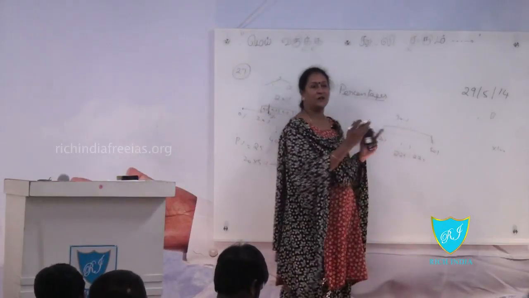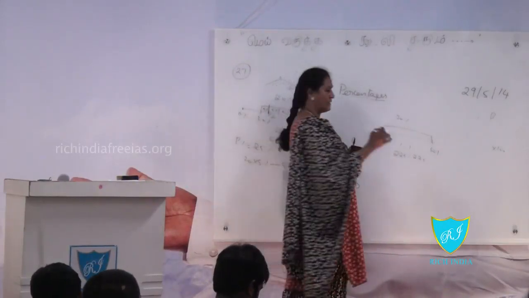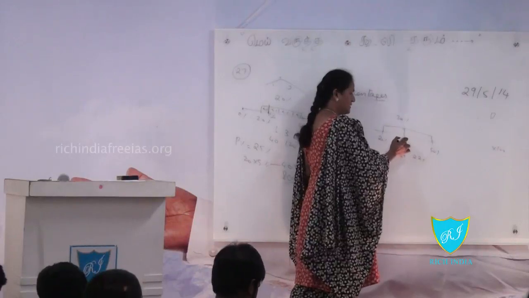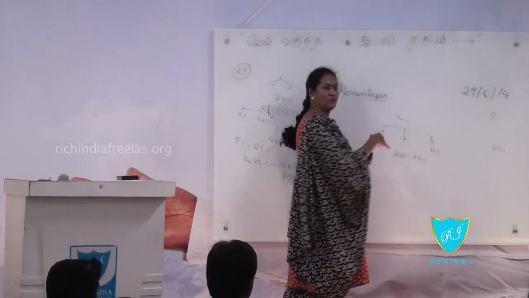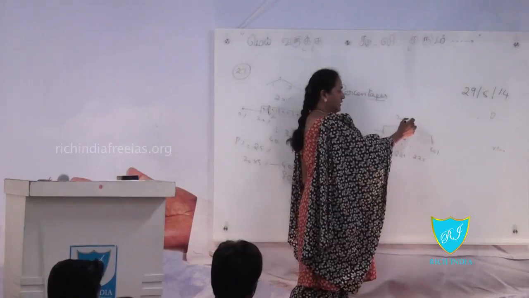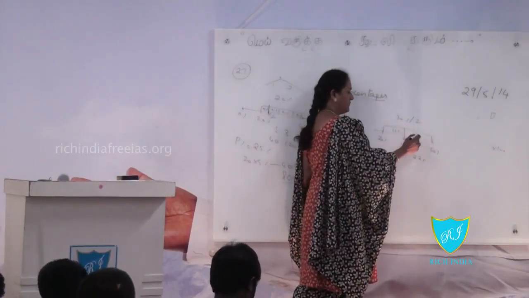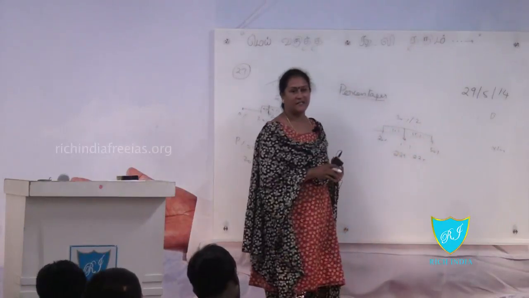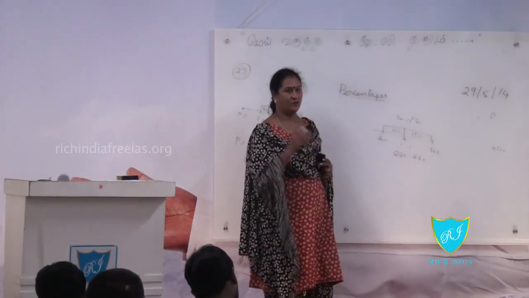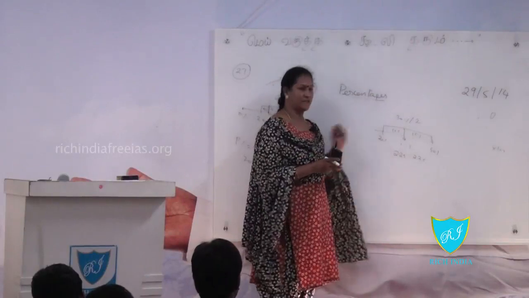How many parts do you have to divide into? 2 parts. So the pass percent is here, 1 part more, 1 part less. Divide this 30 into 2, so here it is 15, here it is 15. So what is the pass percentage? 35%. If the pass percent is asked, you give 35 as the answer.